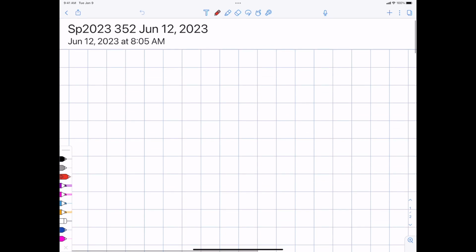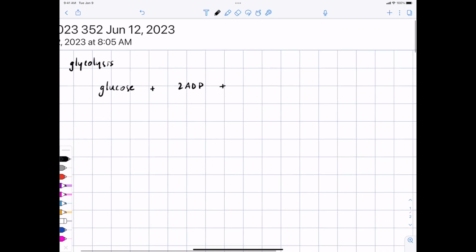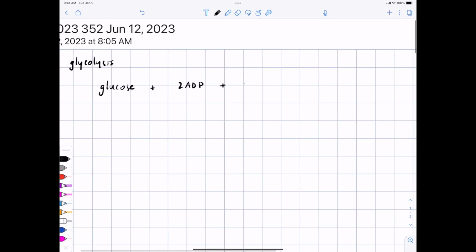All right, so glycolysis is overall, the equation that describes the process is: one molecule of glucose, 2 of ADP. I'm trying to balance things out here. So 2 molecules of inorganic phosphate.